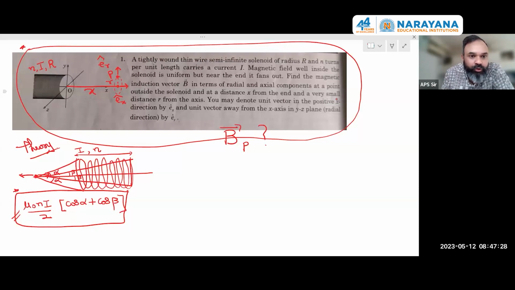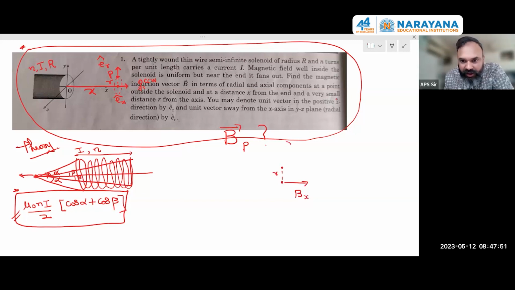If I presume that a person standing here observes these currents as counterclockwise, then the field in the x direction will be coming out. So at this point there is some field along the axial direction, that is Bx, and I go a bit up.